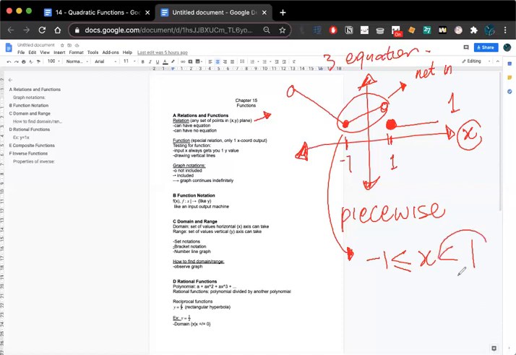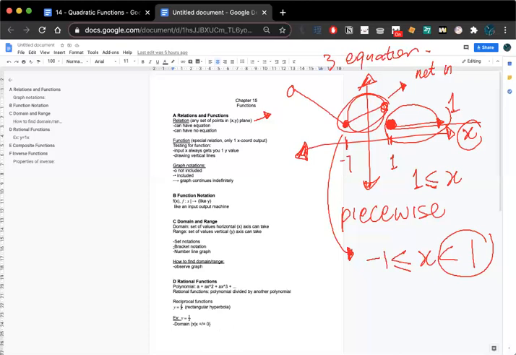So the 1 is not a part of this equation, but part of this equation. And then, if you have the arrow sign, it means that it continues indefinitely. So it goes from 1 to infinity.